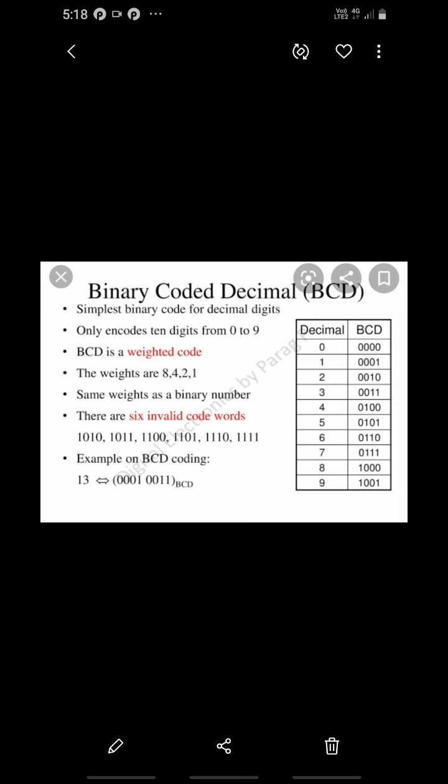For 3, 0011. 4, 0100. 5th one, 0101. 6th one, 0110. 7th one, 0111. 8th one is 1000. The 9th one is 1001. The remaining 10 to 15 are the invalid codes, meaning A to F.